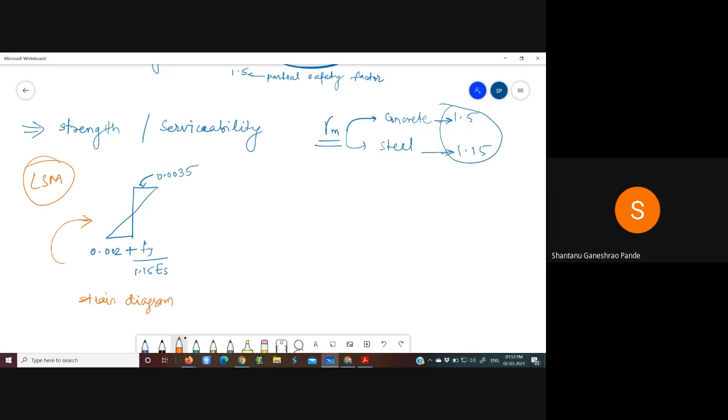Apart from that, even if you enter the design field, you should understand this strain diagram. Now these values you have derived from IS 456, and they are available readily in IS 456.